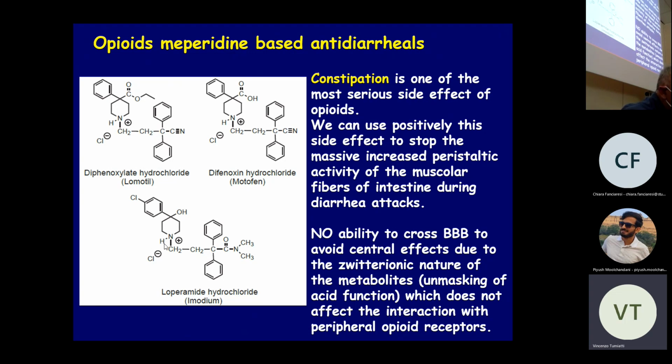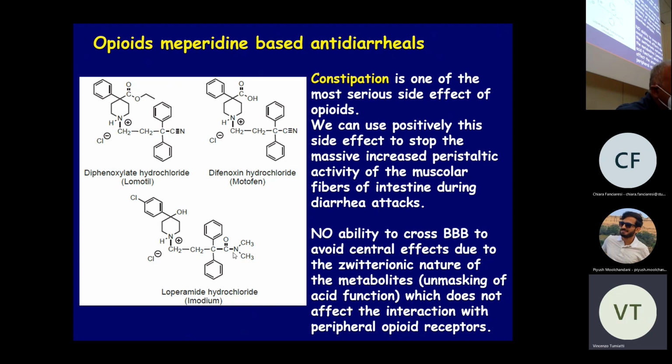If you see on your left, there is the backbone, the skeleton of the 4-phenylpiperidine, but on the nitrogen atom, a more complex side chain was inserted, a polar side chain.